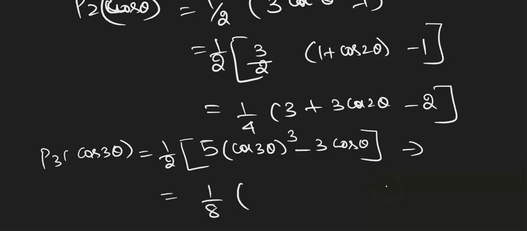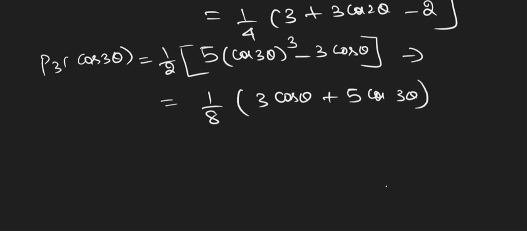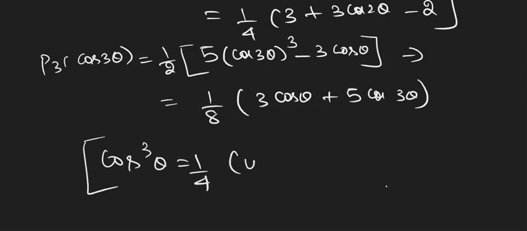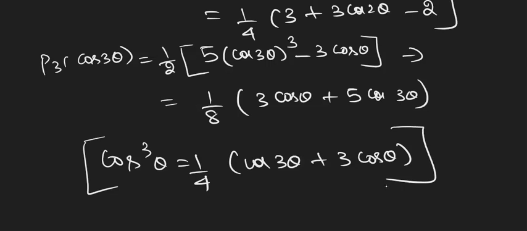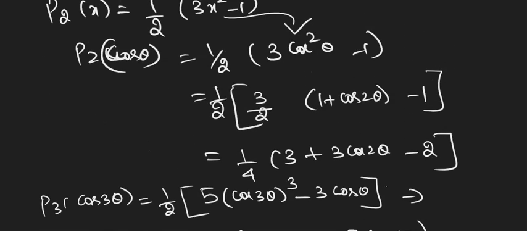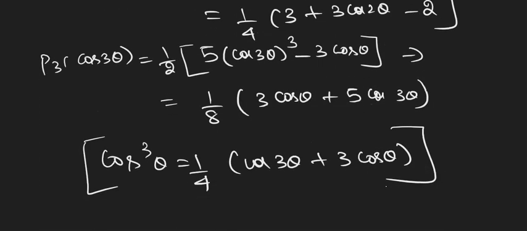So 1 by 8 into 3 cos theta plus 5 cos 3 theta. So I'll give you the formula also what to use. In the place of cos cube theta, you write 1 by 4 into cos 3 theta plus 3 cos theta. That's it. So whatever the question is, P1 of x, P2 of x, P3 of x, all are same. And then we are just going to substitute it. Thank you.